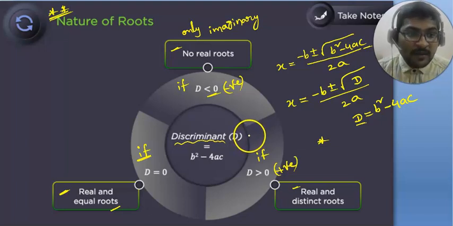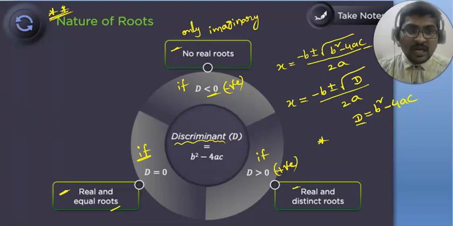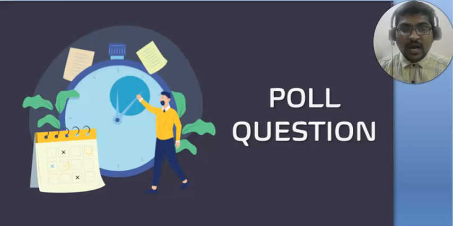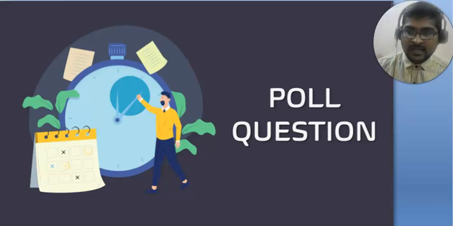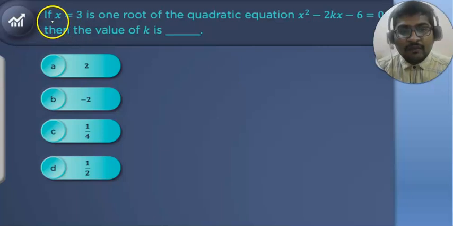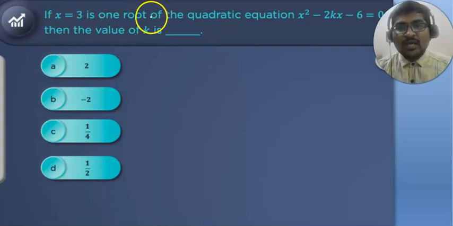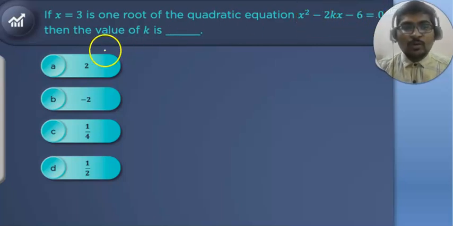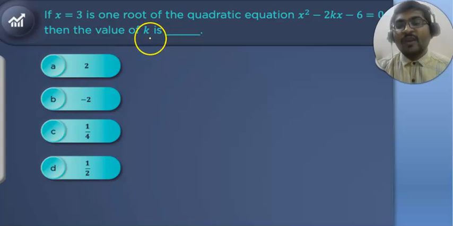Okay, students, let's discuss some more poll questions related to roots of quadratic equation and discriminant. If x equal to 3 is one root of the quadratic equation x square minus 2kx minus 6 equal to 0, then the value of k is?